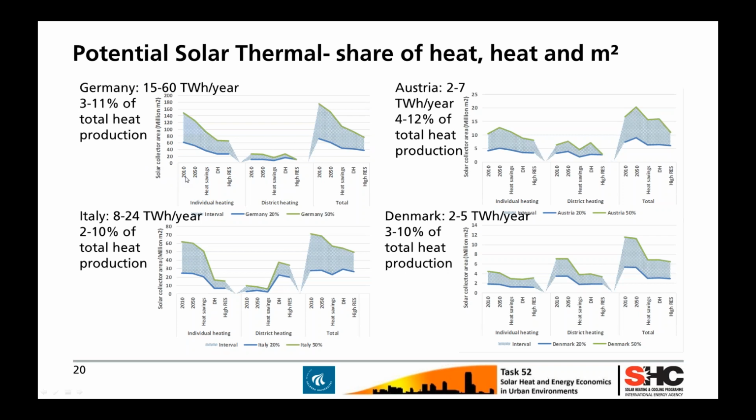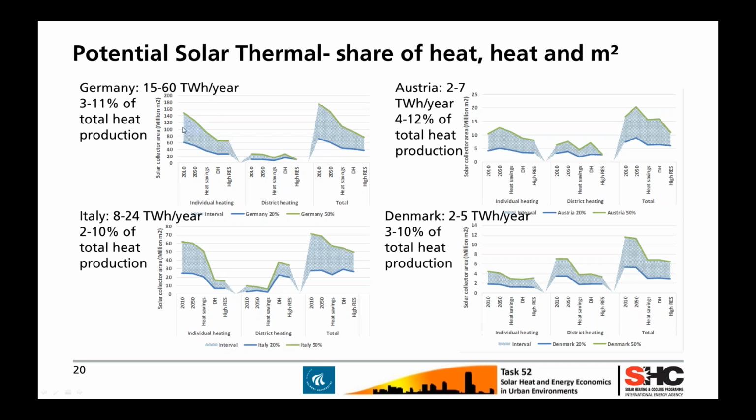And you see, if you put it in the market, if it would be feasible, then there is a relatively high potential, because we still have this high energy demand, and this amount of potential heat production by solar thermal will go down, because for sure in this high renewable energy system we will have less demand. So the main potential is here in these individual houses, some in the district heating, and that's the overall potential if you look at the installed area.